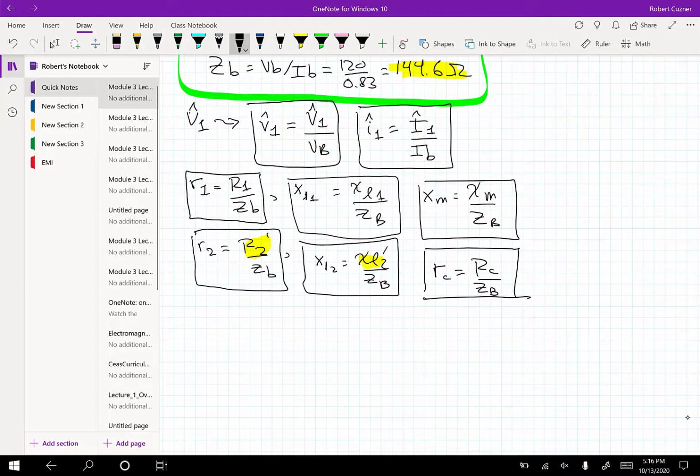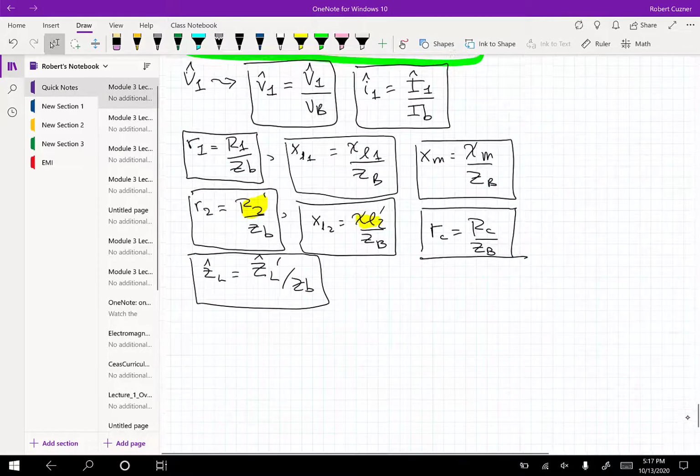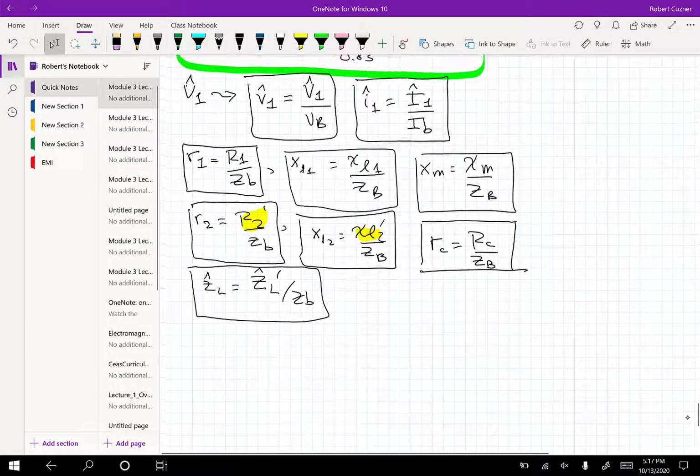I can also put the load, so I'll put a little load here. ZL prime divided by Z base. You never mix and match on each side of the transformer when you're doing per-unitization.